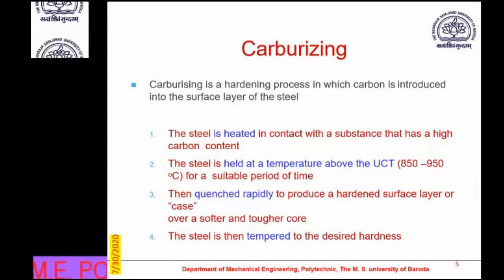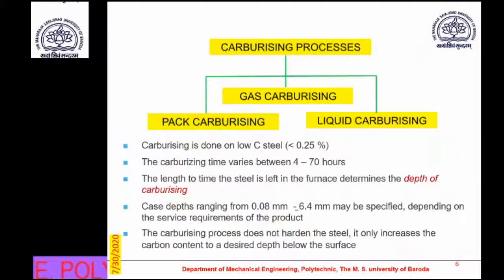Now we will look at slightly more details of the carburizing process, wherein carburizing is again of three types: gas carburizing, packed carburizing, and liquid carburizing. Carburizing is done on low carbon steel where the carbon is less than 0.25%. The carburizing time varies from 4 hours to 70 hours. It means it is a long duration process.